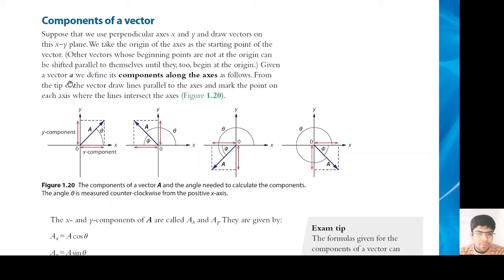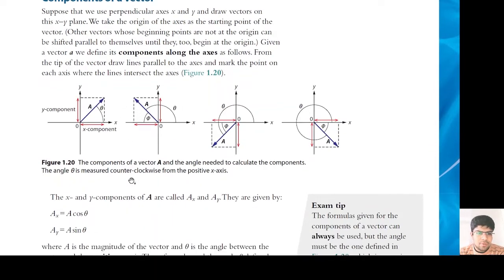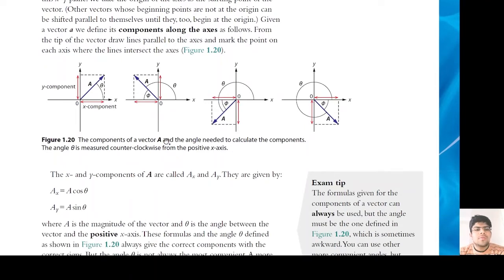So from the tip of the vector, draw lines parallel to the axes and mark the point on each axis where the lines intersect the axes, as in figure 1.20. Now let's move on. The components of the vector A and the angle are needed to calculate the components.